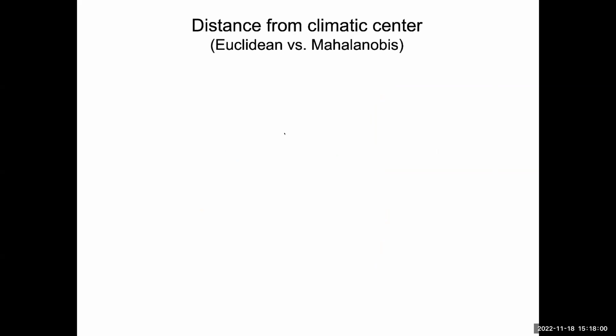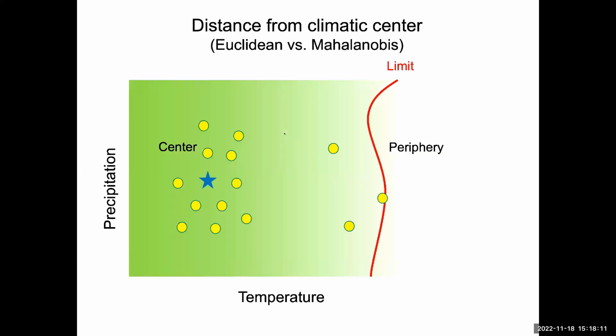The second distance is the distance from the climatic center. When we talk about distance from the climatic center, we have the Euclidean distance and the Mahalanobis distance. Instead of having the coordinates of each population, this is done across the climatic variables. As you can see here, we have precipitation and temperature.